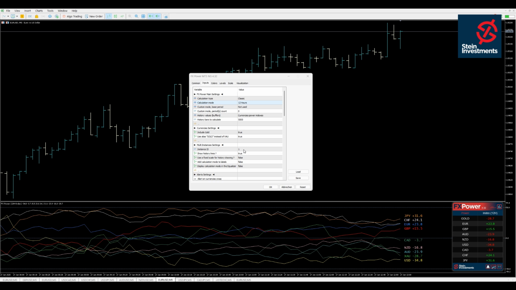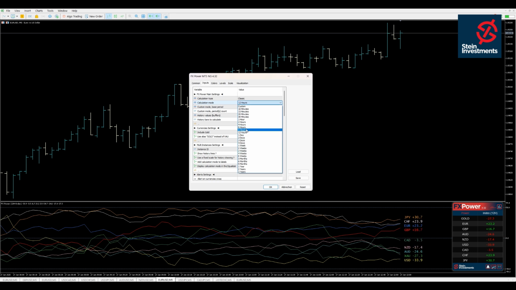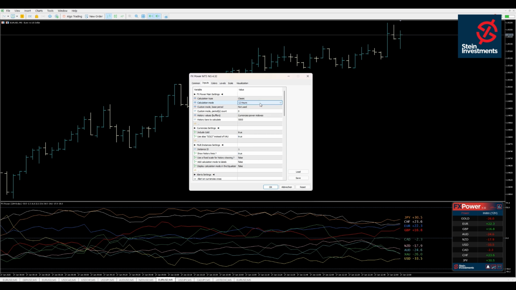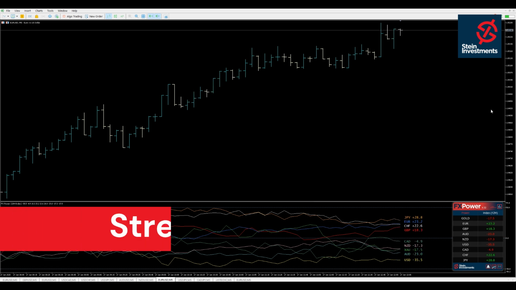And with the unique option to use multiple instances in one chart, you can combine several analysis periods for long-term trends, mid-term or short-term trends in one chart and even in one sub-window.